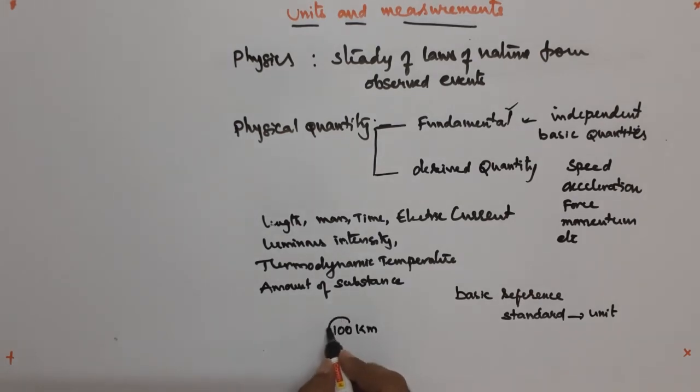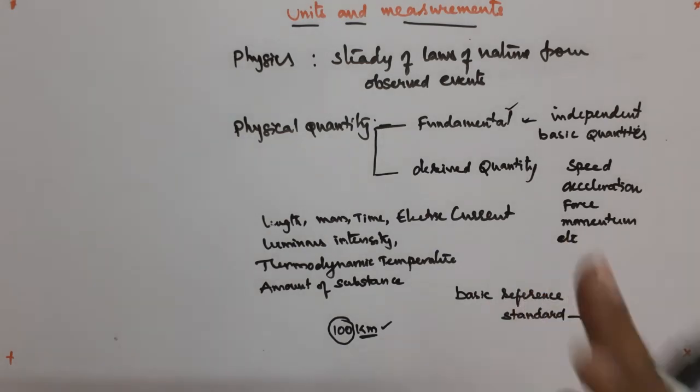Here this 100 is the magnitude and kilometer is the unit. Now the distance is 100 times the kilometer. This is called as the basic reference standard or a unit.